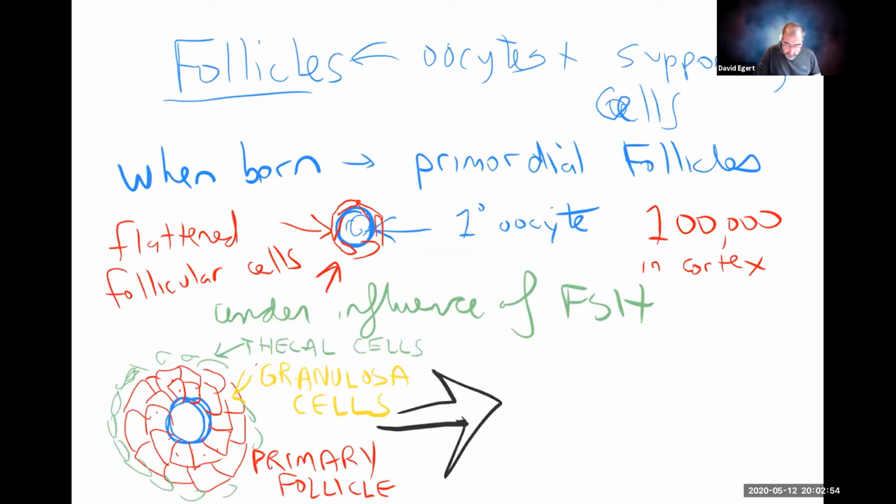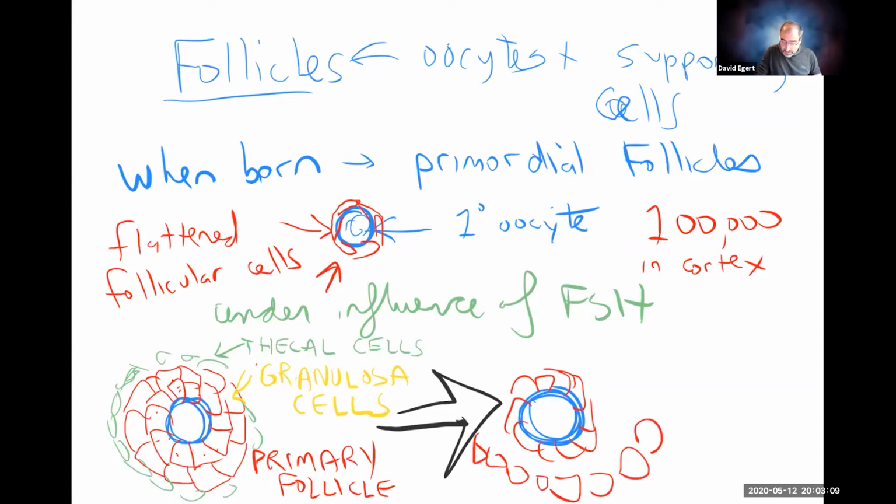As it continues growing, it gets bigger, and you start getting breaks between, so you have the granulosa cells, but then you also start getting these kind of fluid-filled spaces in between.